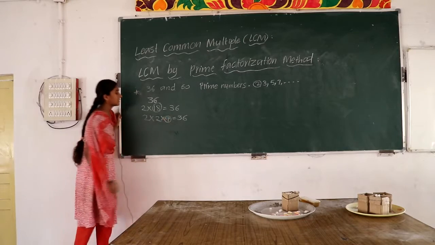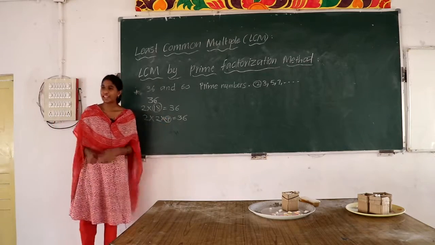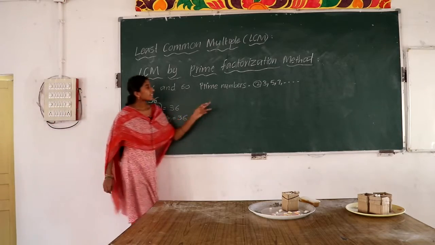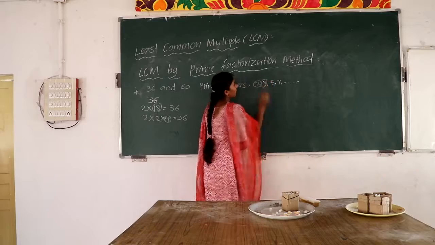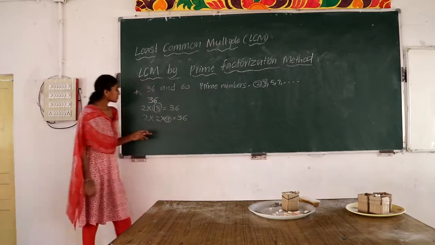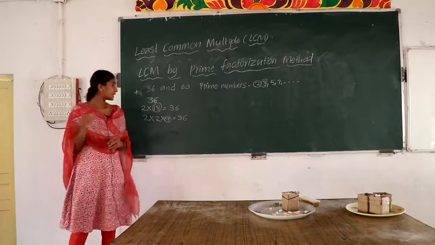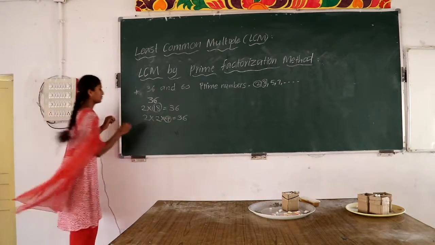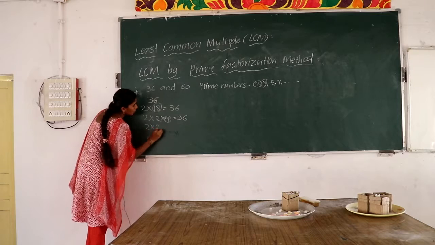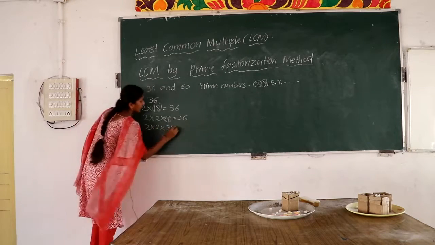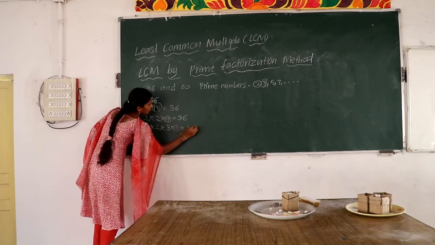Here 9. Is 2 a factor of 9 or not? No. So we take the next prime number 3. To get 9, which number should be multiplied with 3? 3. So 2 into 2 into 3 into 3 equals 36.